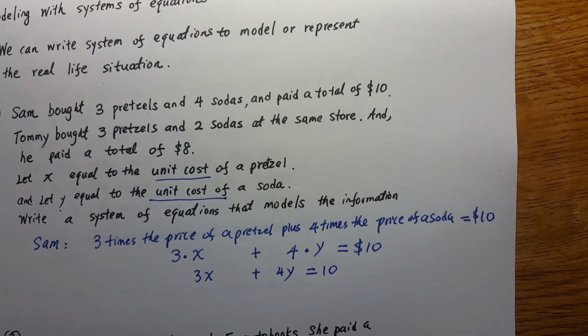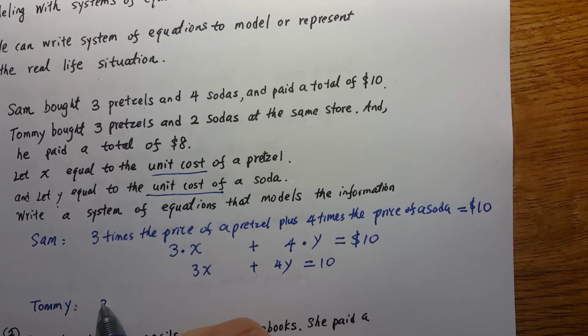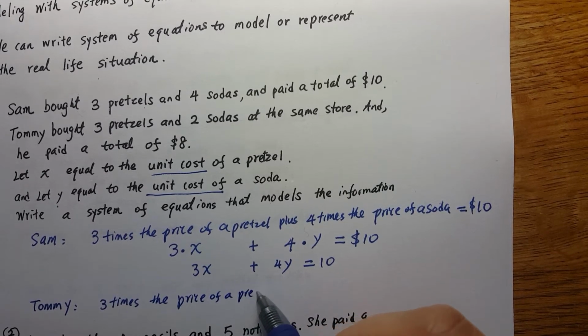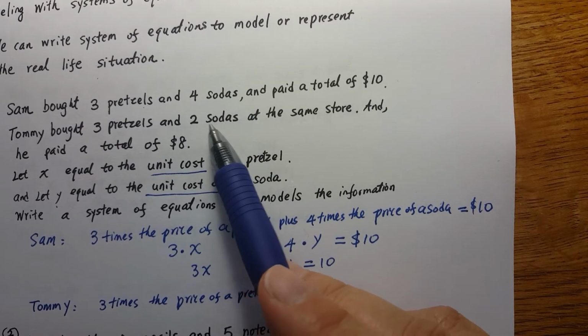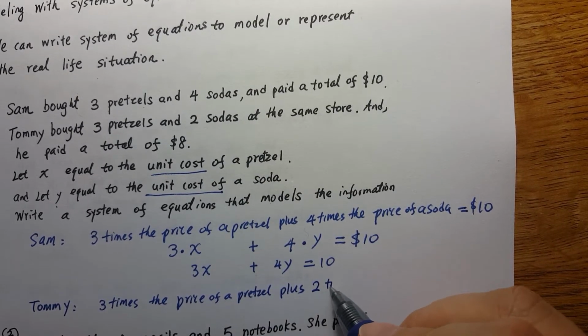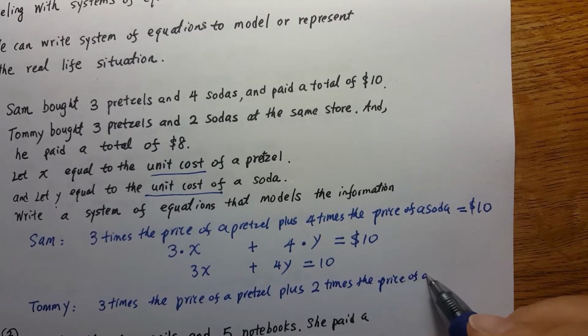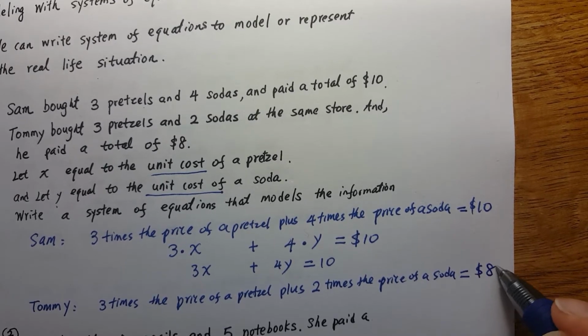Now we are going to write equations for Tommy. So for Tommy, he bought 3 pretzels, so it'll be 3 times the price of a pretzel, and then plus 2 sodas, then 2 times the price of a soda, and he paid $8, so equal to 8.